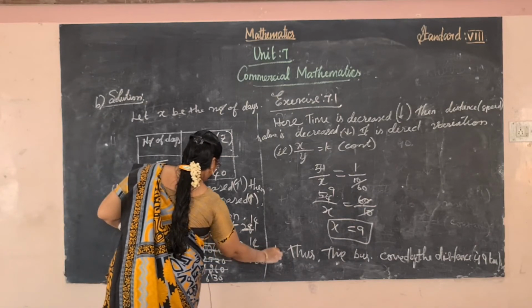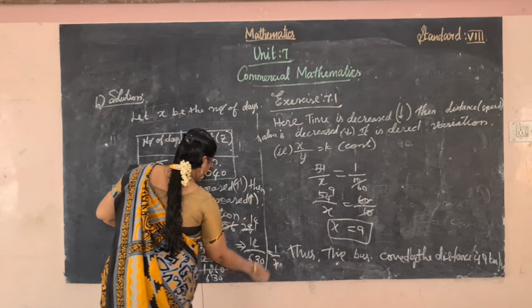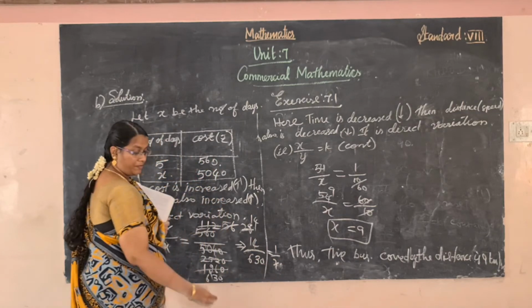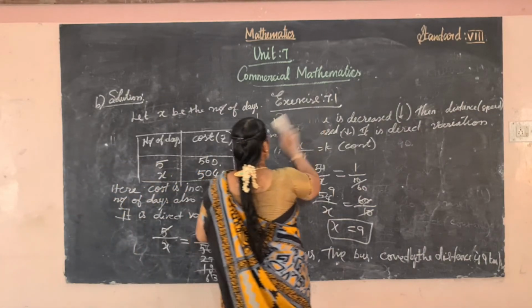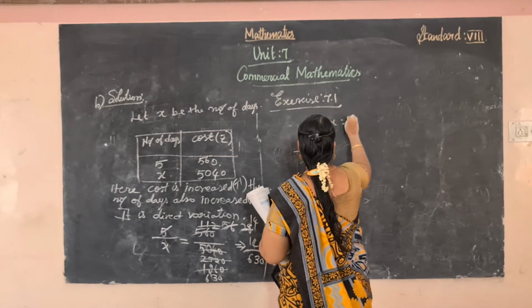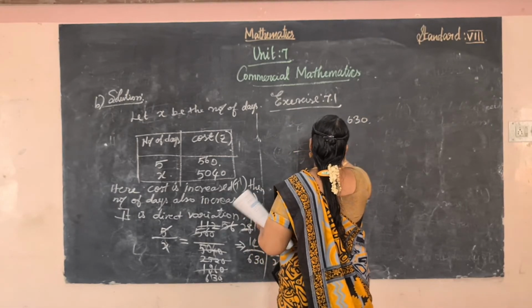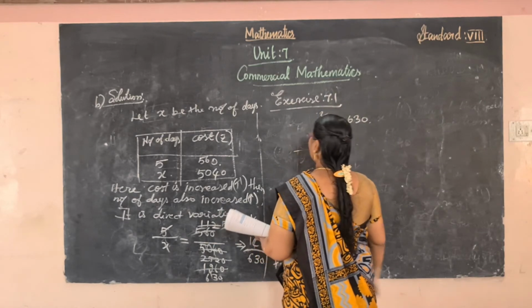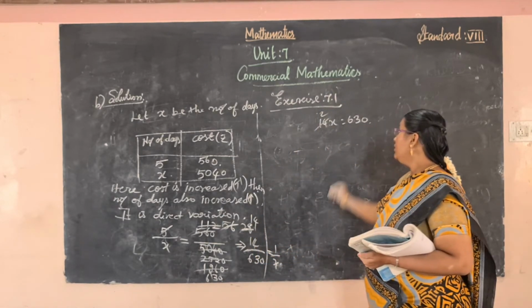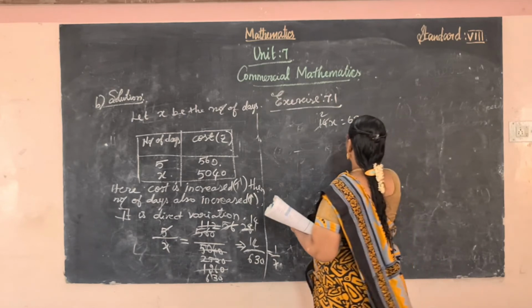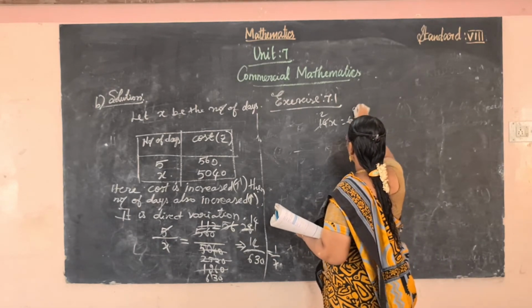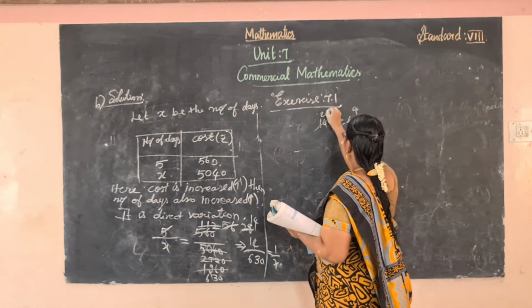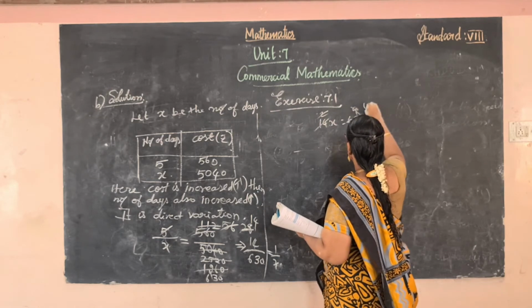is equal to 1 by x. So cross multiply. 14x is equal to 630. 7 table, 2 7s are 14, so 45.